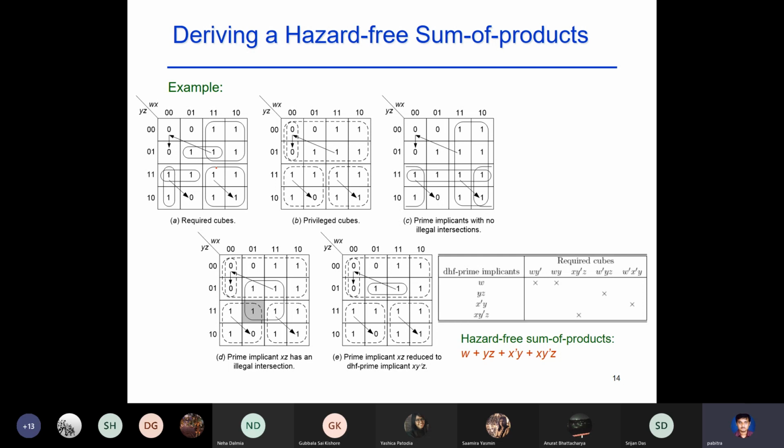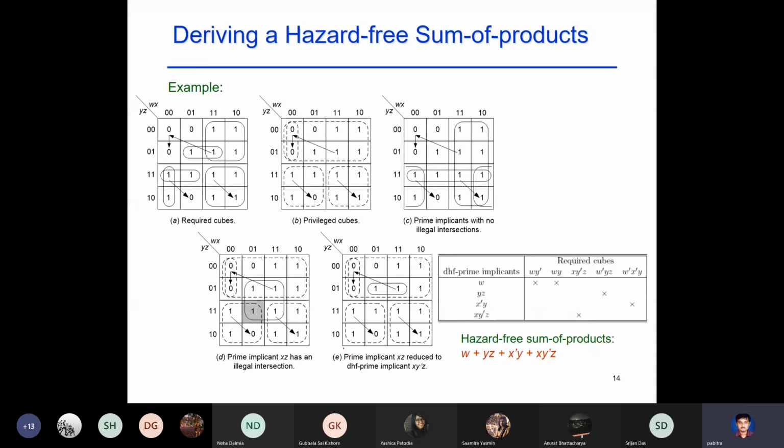In B, with the dashed term, we show the privileged cubes. And in C, all the prime implicants with no illegal intersections are shown. These prime implicants are DHF, they do not have an illegal intersection.